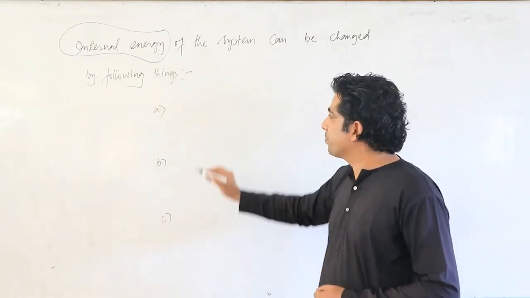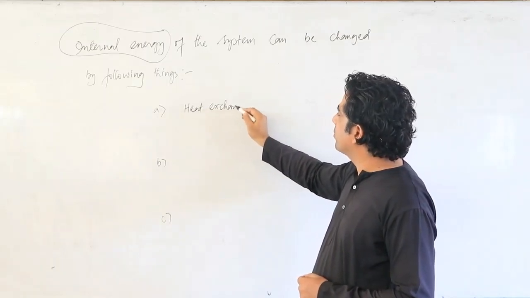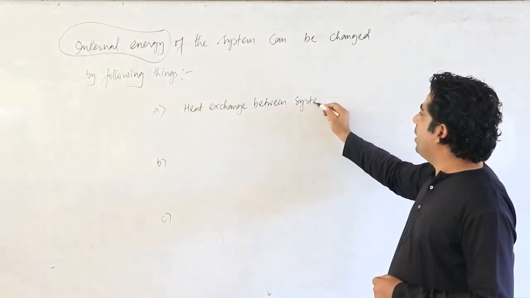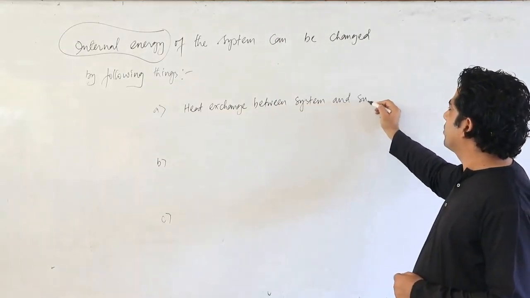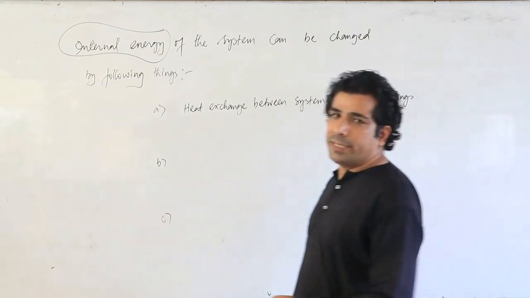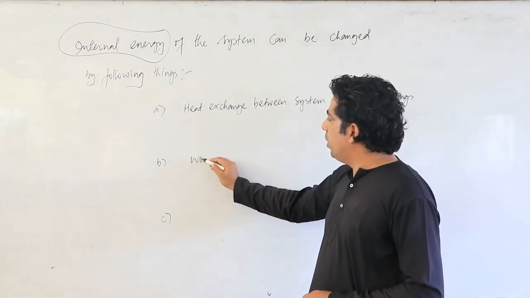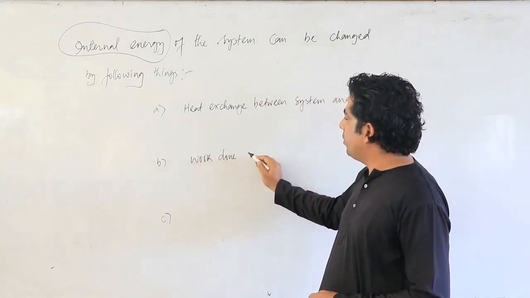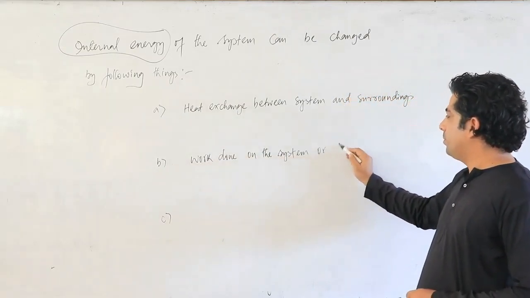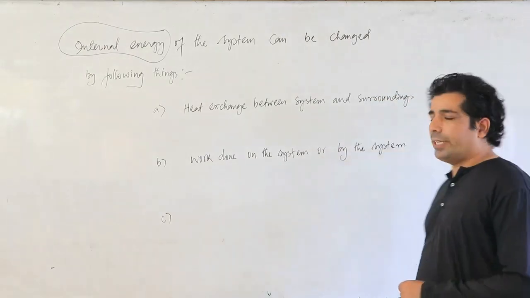The first thing, heat exchange between system and surroundings. This can change the internal energy of the system. Second thing, work done on the system or by the system. This can also change the internal energy of the system.